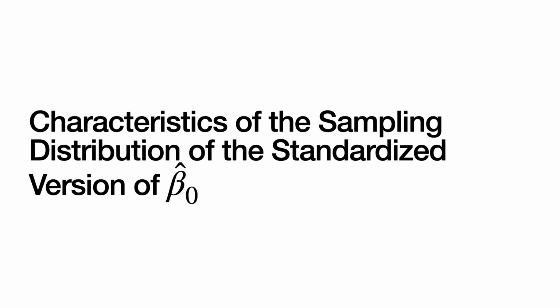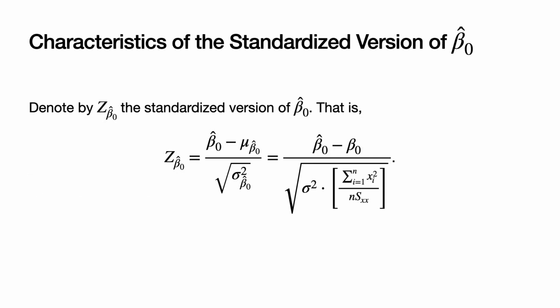Okay, next let's look at characteristics of the sampling distribution of the standardized version of beta 0 hat. And so to standardize beta 0 hat, we subtract from beta 0 hat the mean of its sampling distribution, which, as we've seen, is equal to beta 0, and we divide that difference by the standard deviation of the difference.